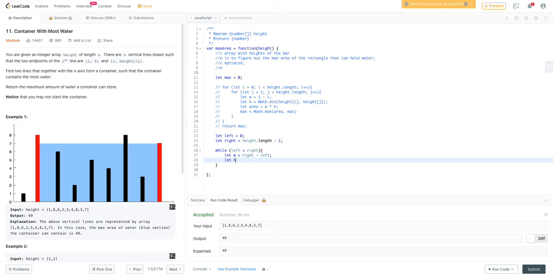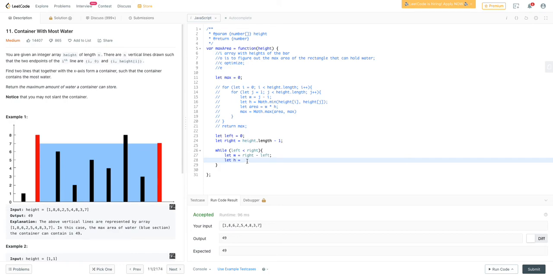So let height equals, so we said earlier that our height has to be the minimum number between two bars, because it doesn't make sense for us to pick the max because our limit will be the minimum, right?